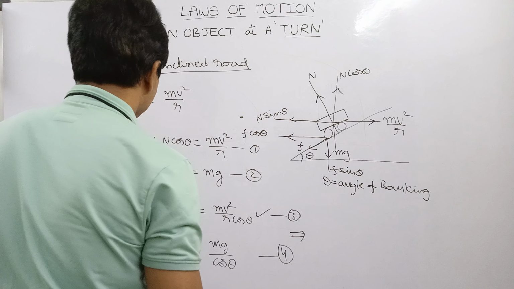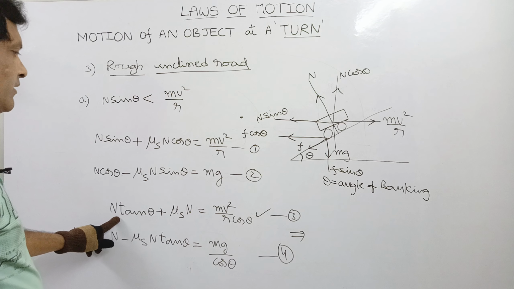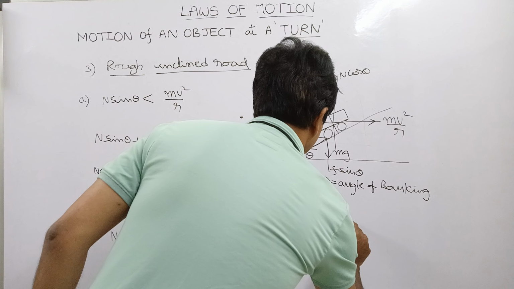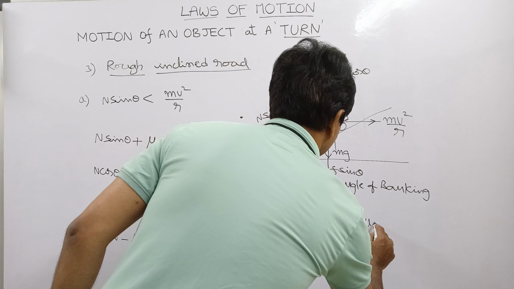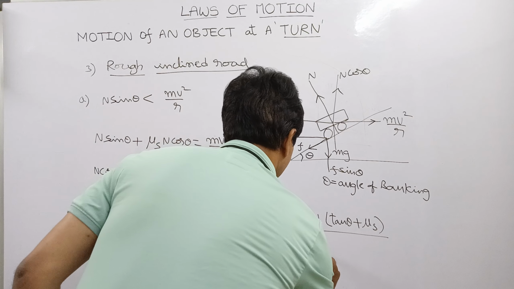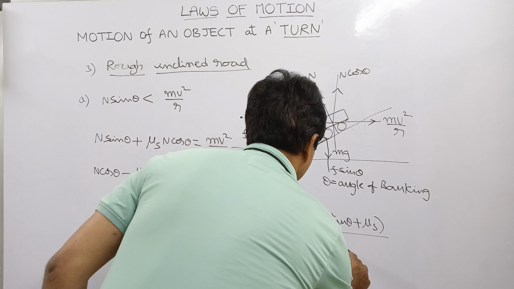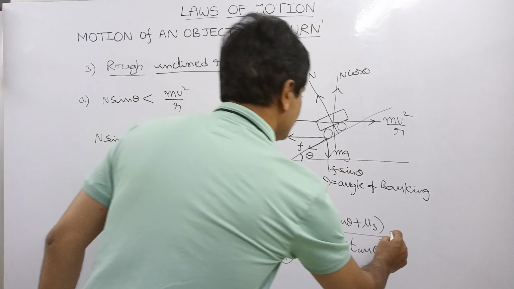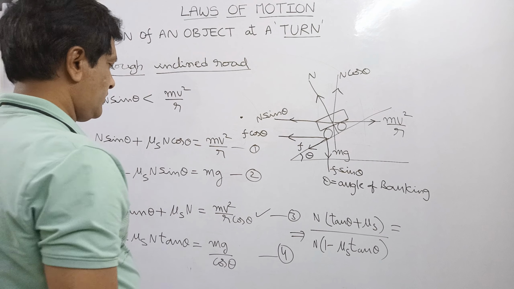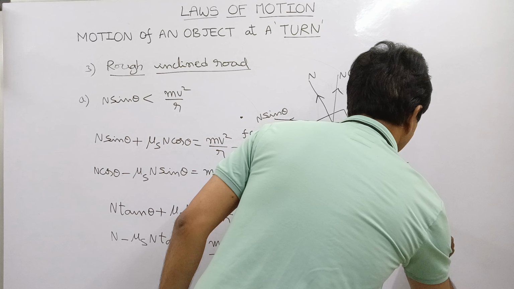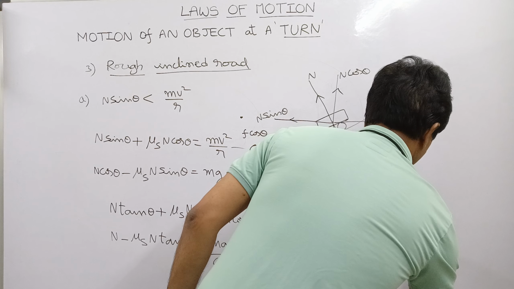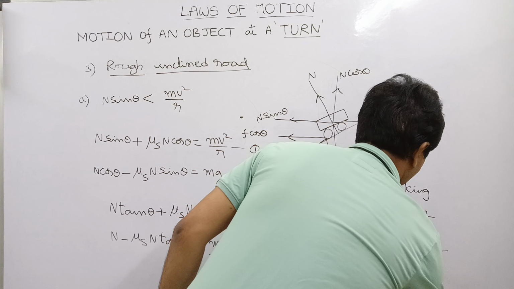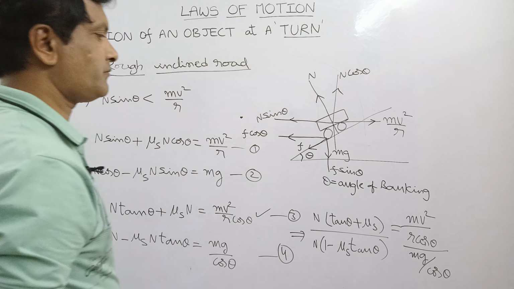That implies, I can cancel this n also. N I will take out: n into tan theta plus mu s, by n into 1 minus mu s tan theta, is equal to mv square by r cos theta by mg by cos theta. Okay.